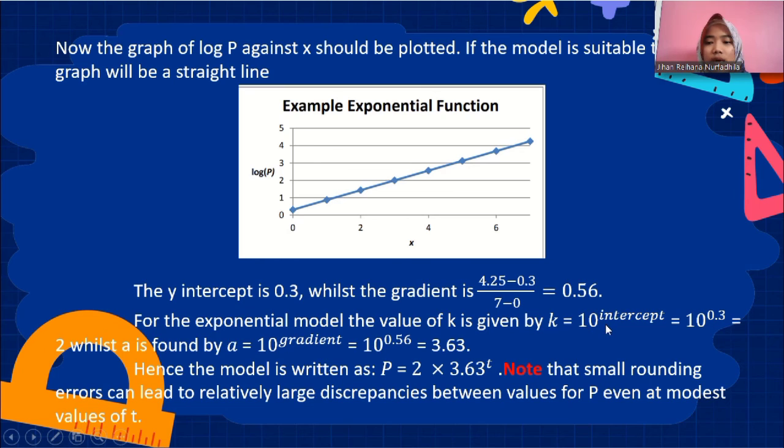k equals 10 to the power of the intercept, which is 10 to the power 0.3, and equals 2, whilst a is found by a equals 10 to the power of the gradient, which is 10 to the power 0.56, and equals 3.63.